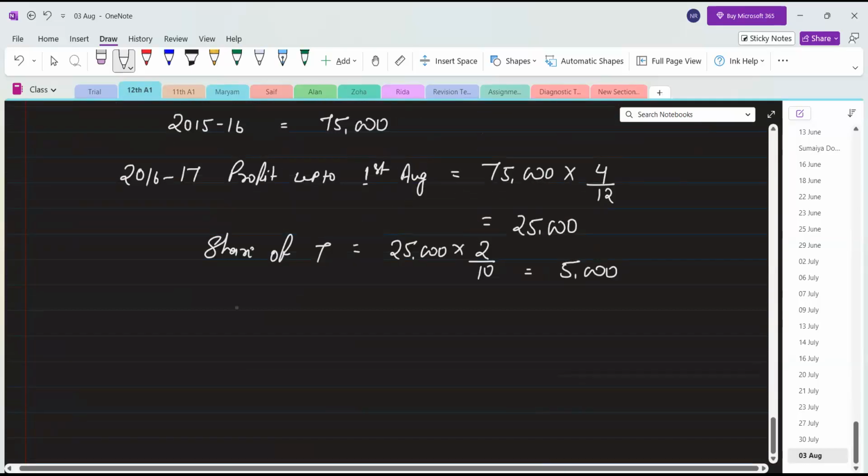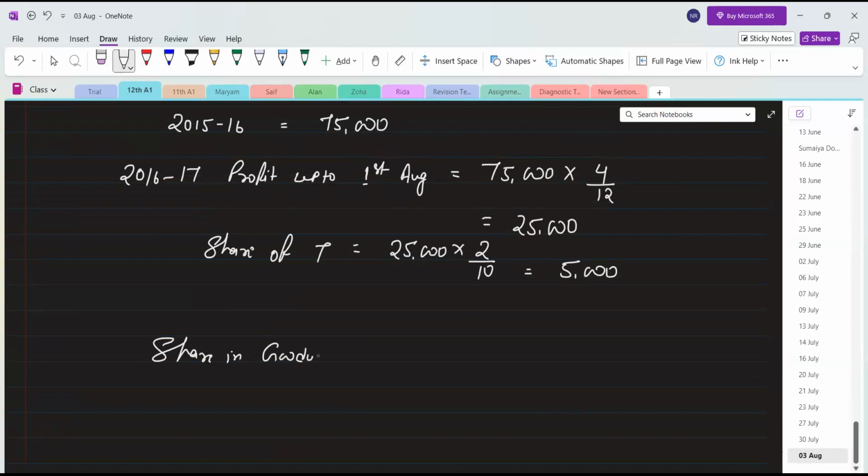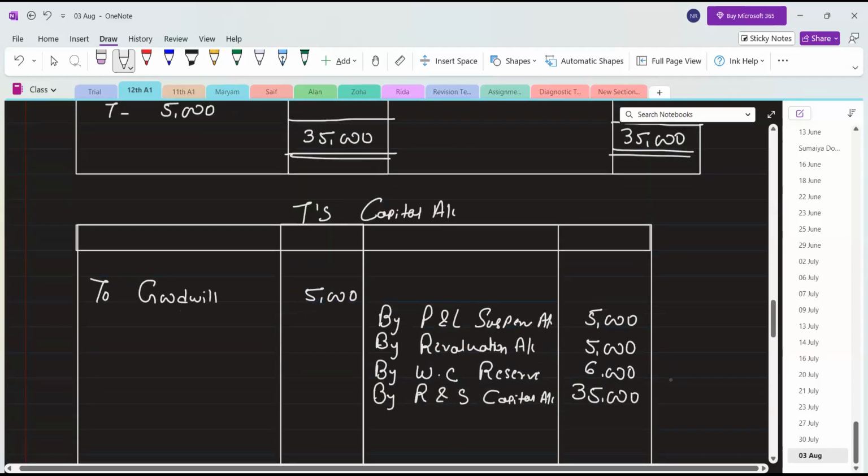I'll show you the share in goodwill. 1,75,000 into 2 by 10, so 35,000. This 35,000 I have already written here.